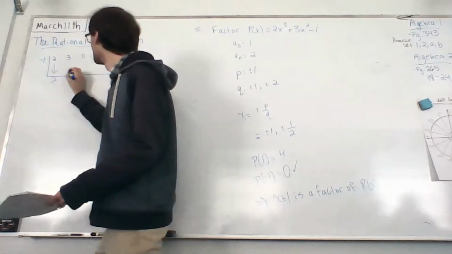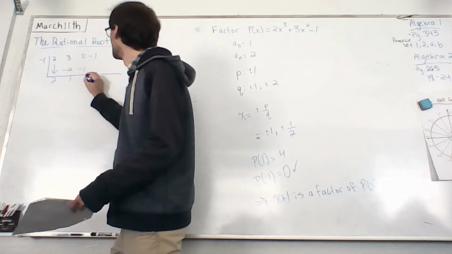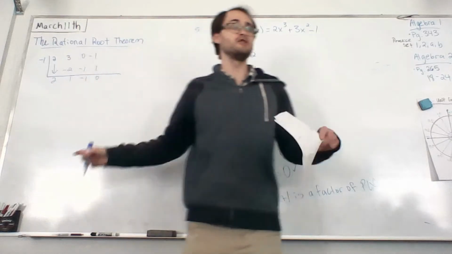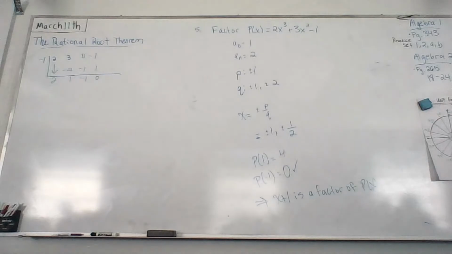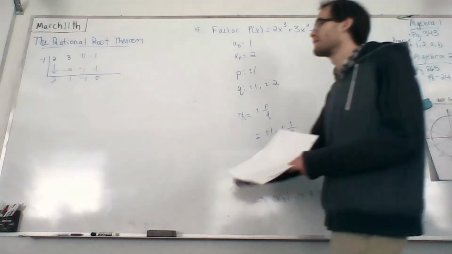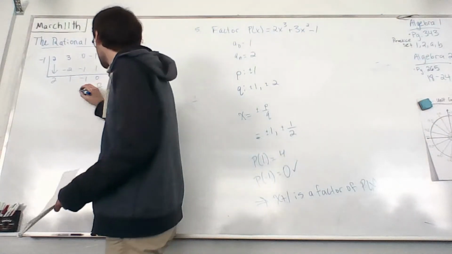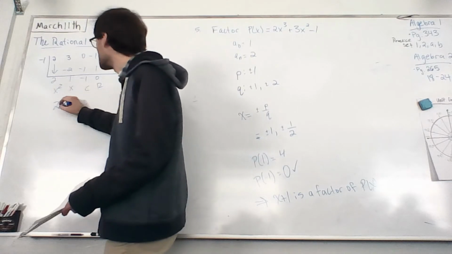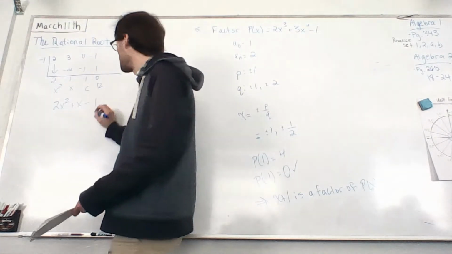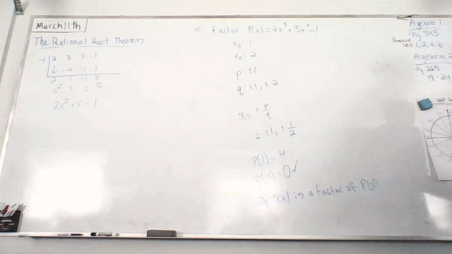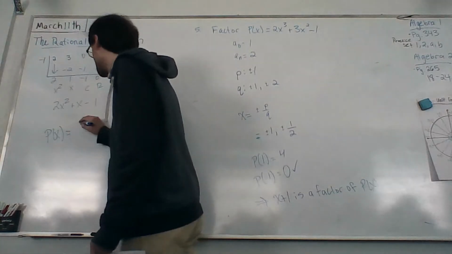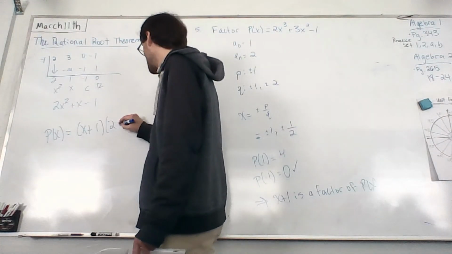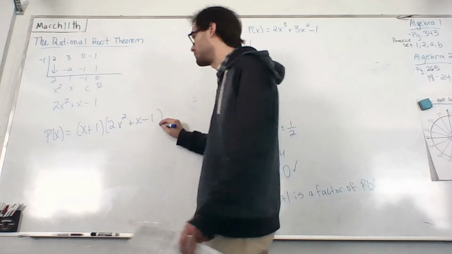Thank you, Junior. So if we synthetically divide it, we'll get that. You've got remainders, constants, x's, and x squared. So you get 2x squared plus x minus 1. That tells you that p of x must be x plus 1 times 2x squared plus x minus 1.